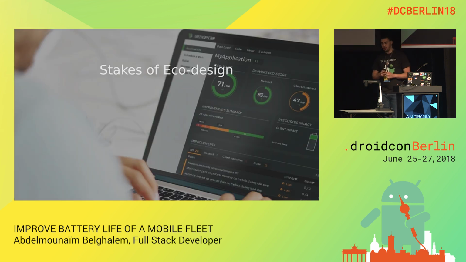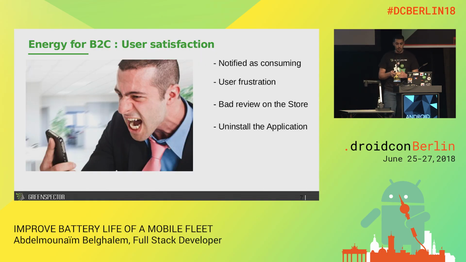First of all, the stakes of eco-design. The first category of application is the B2C, where eco-design is really important for one thing, which is user satisfaction. User satisfaction comes with an application that has good performance and that is battery friendly.